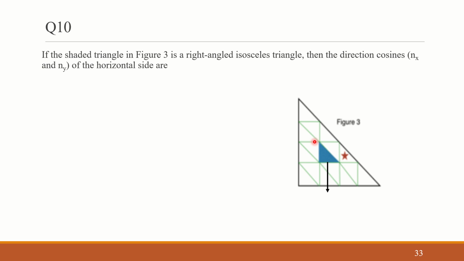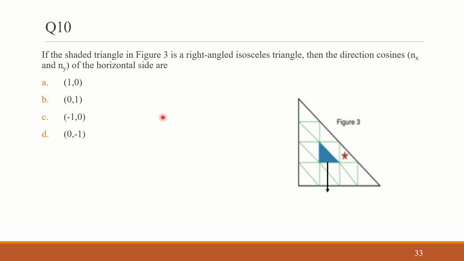Okay, I'll give the options first. Option A, it is 1 comma 0. Option B, it is 0 comma 1. Option C, it is minus 1 comma 0. Option D, it is 0 comma minus 1. If the shaded triangle in figure 3 is the right angle isosceles triangle, then the direction cosines of the horizontal side are dash. The next question actually depends on this particular question, and it's similar to this question.